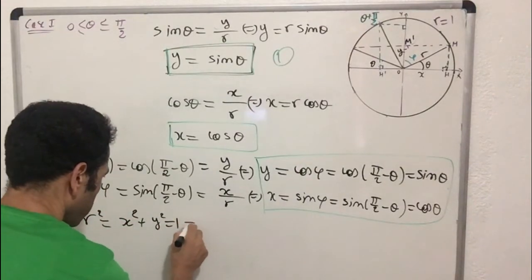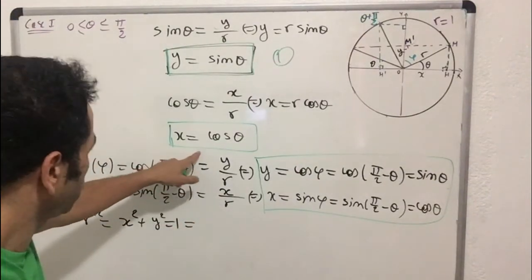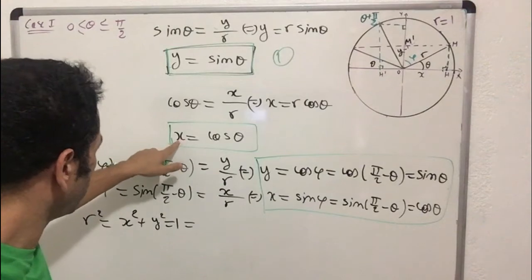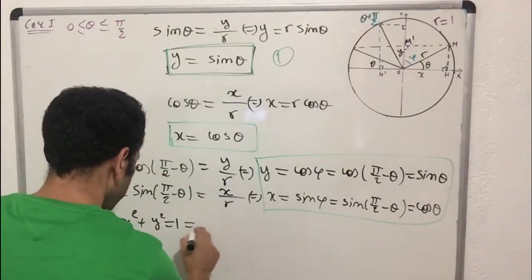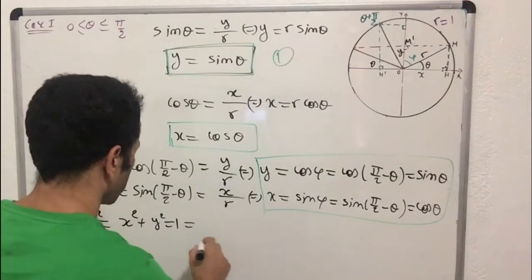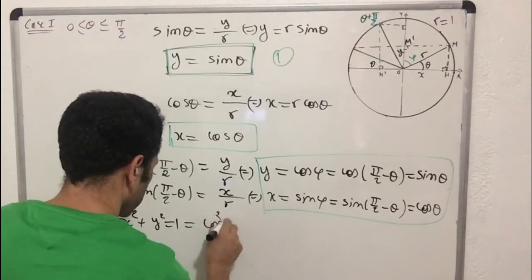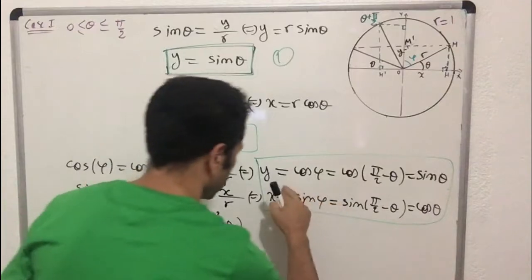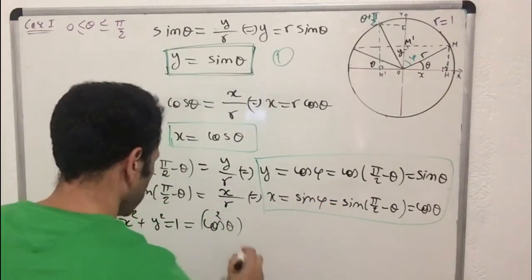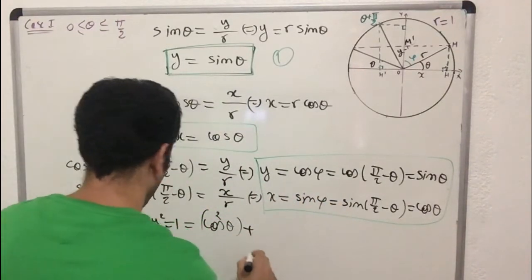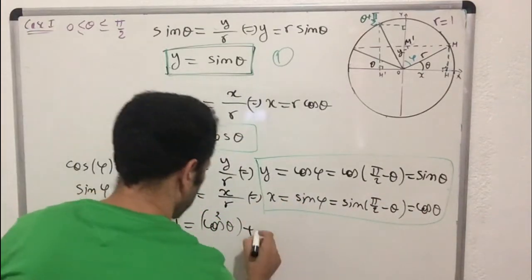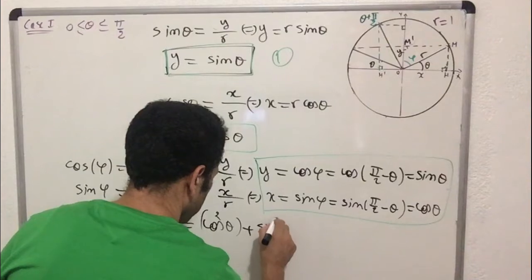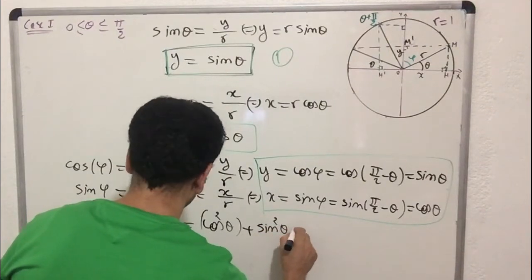Okay, as you see here, if you raise x to the power of 2, we find x squared equals cosine squared theta, because we have this equation, plus y squared, where y equals sine theta, so y squared is sine squared theta, which is 1.